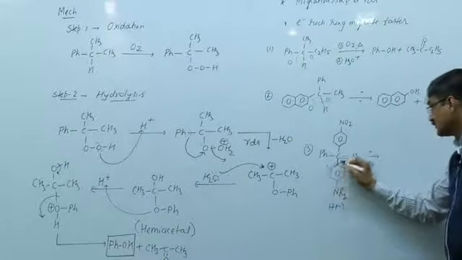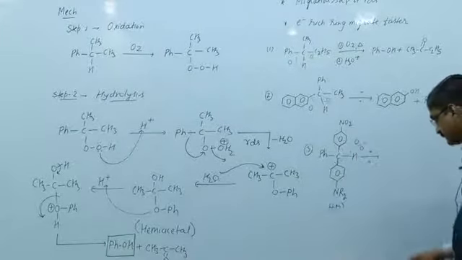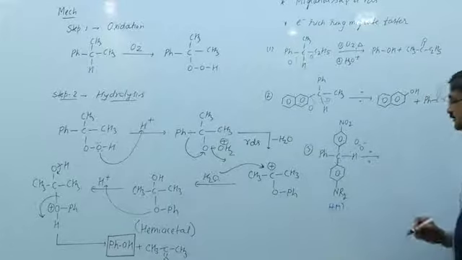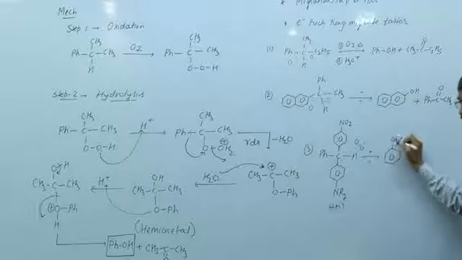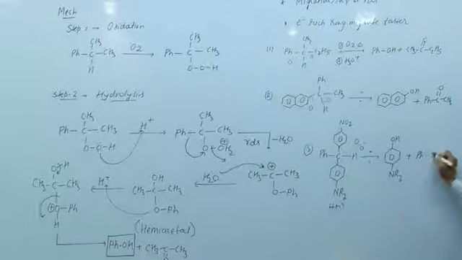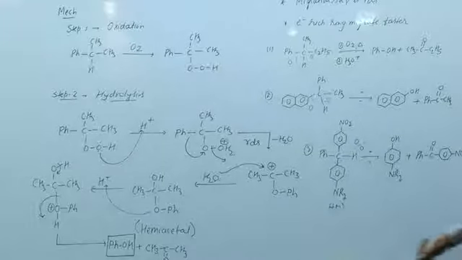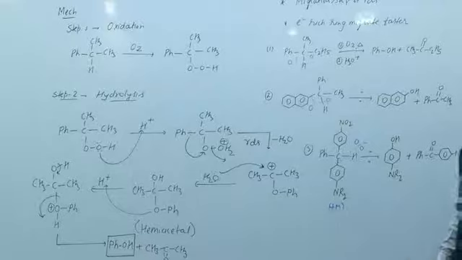So you can write the trick like that: one oxygen between the electron rich ring and hydrogen and one oxygen to the carbon atom. So final product is NR2-OH plus PhCO-NO2. So this is the current industrial preparation for the phenol. Okay.